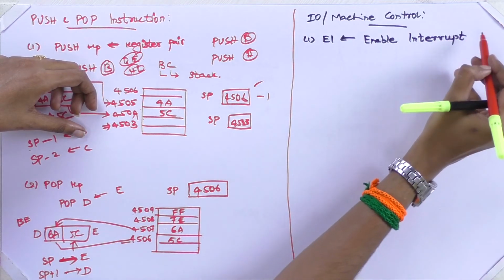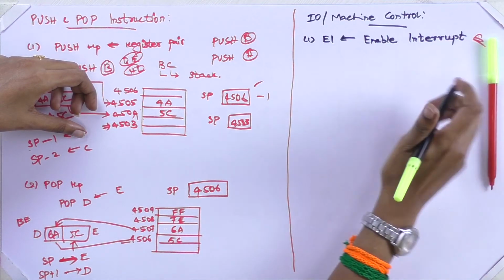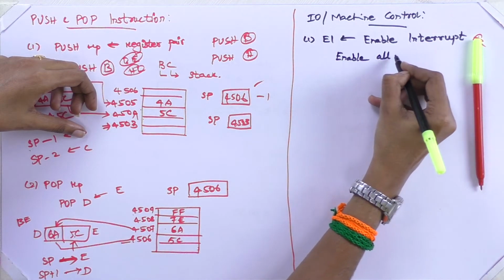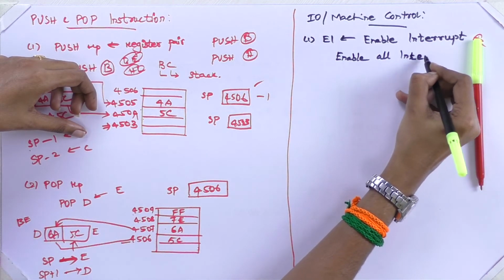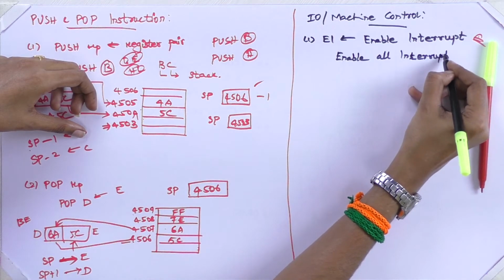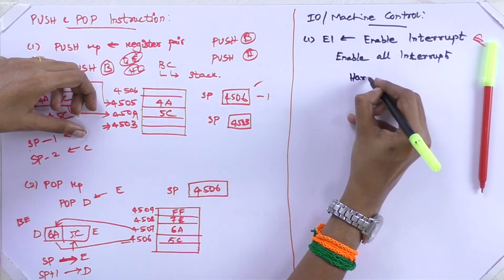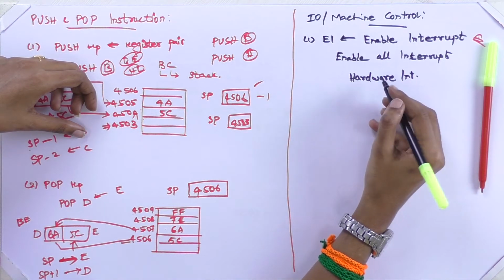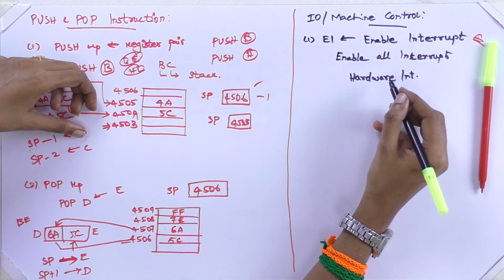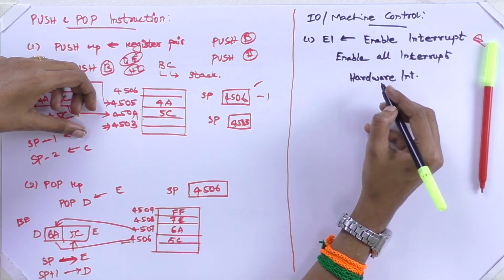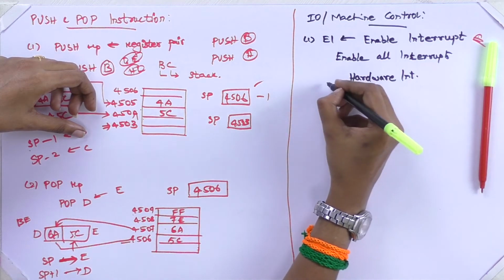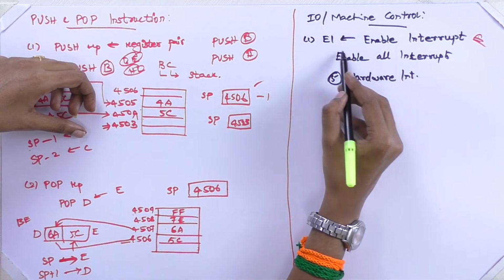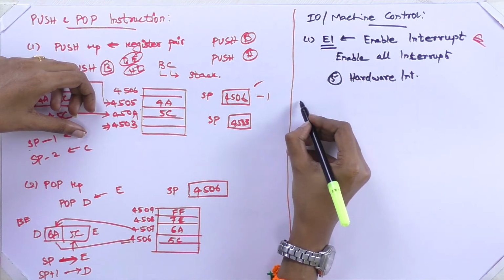When the processor executes this instruction, it will enable all the hardware interrupts. How many hardware interrupts do we have? That we have seen in the architecture itself. It is 5 hardware interrupts, and all of them will be enabled if we use this instruction.